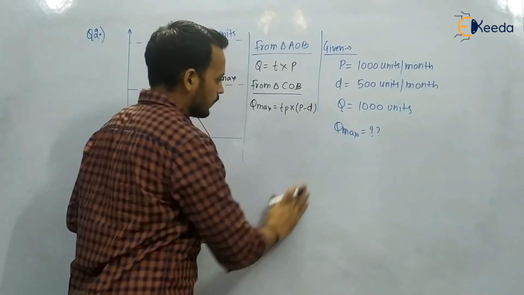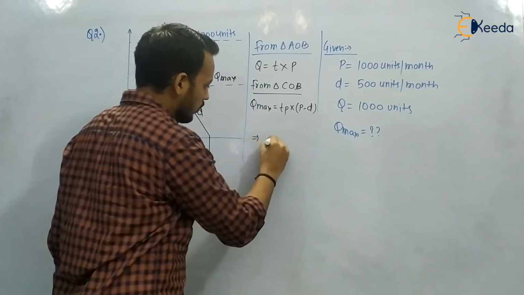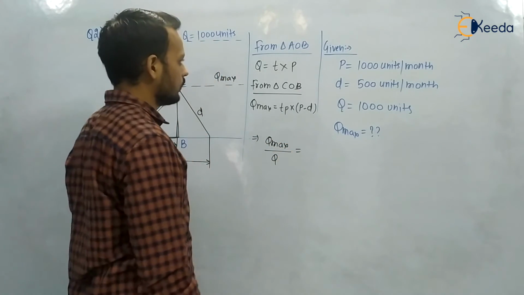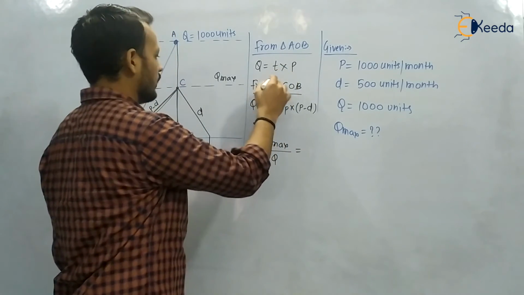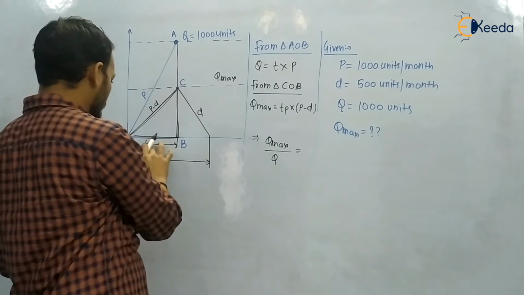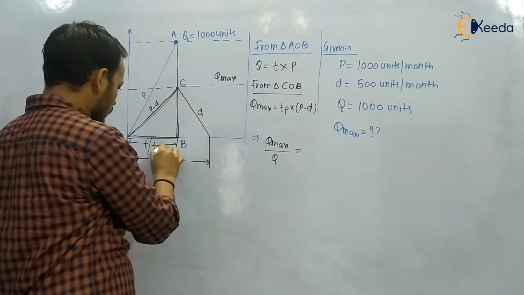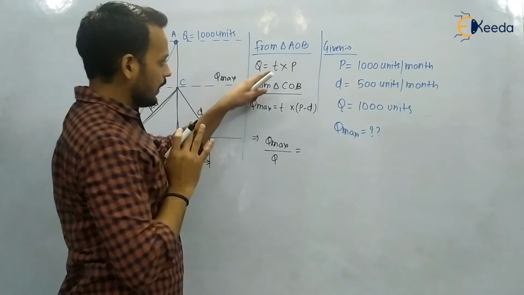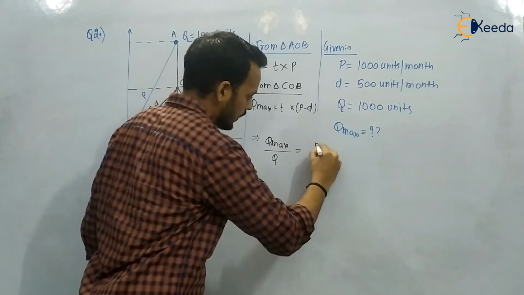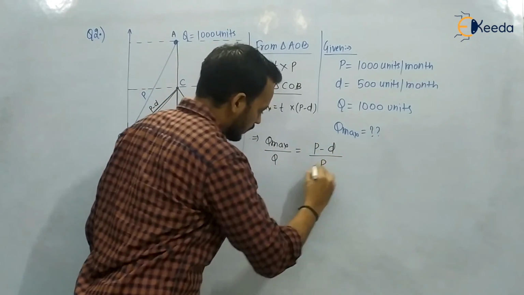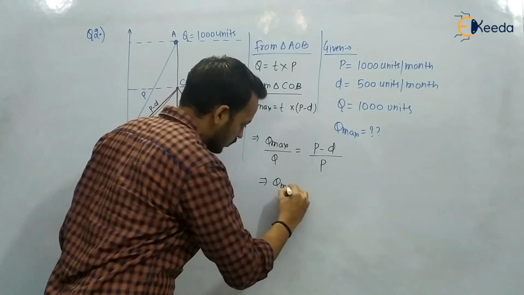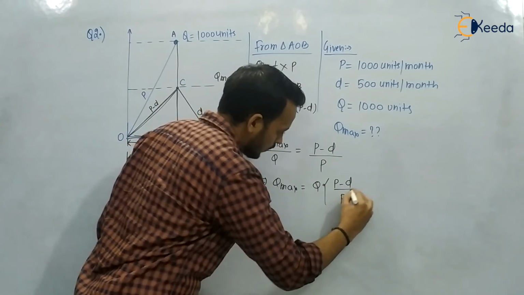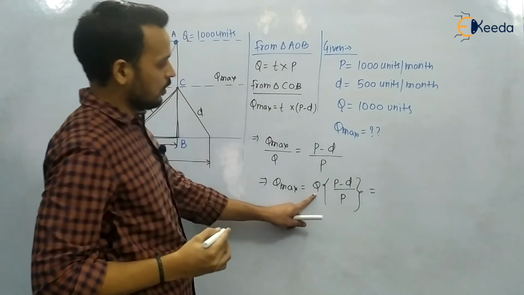So what we have to do, just divide both the equations, Q max upon Q. T or TP, both are same here. So T and T will cancel out. It will be left with P minus D upon P. So from here Q max equals Q into P minus D upon P. So just put the values.